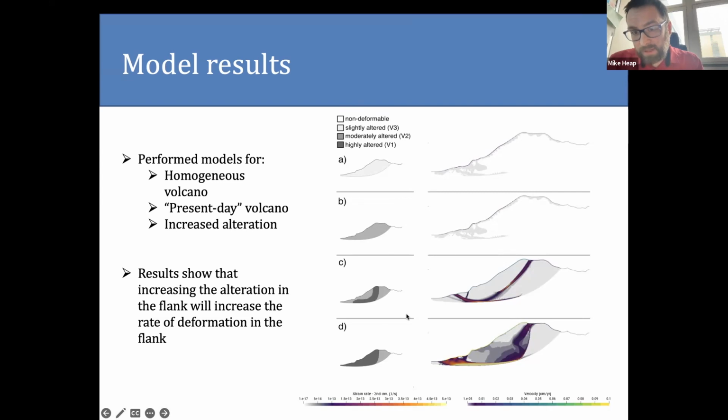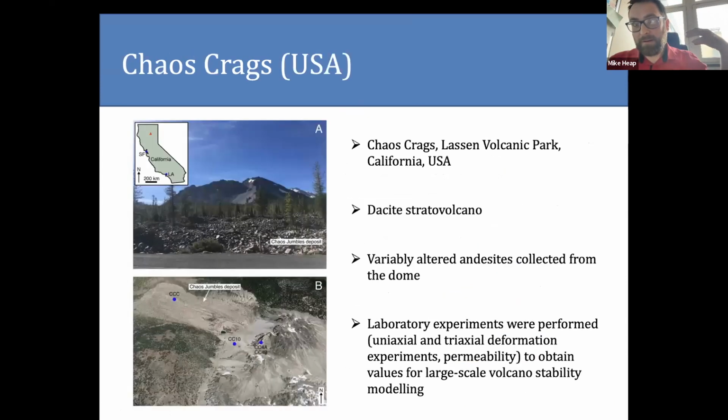In the present day volcano, we see some movement, and when we increase the alteration to a future scenario, we see that there's a lot of deformation indicated by these colors here inside the flank. So what we can say with these models is that as we increase the alteration in the volcano, we are increasing the rate at which the volcano is deforming, and so we are increasing the hazard.